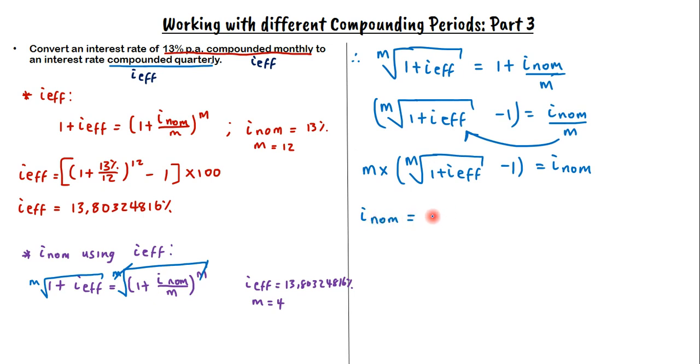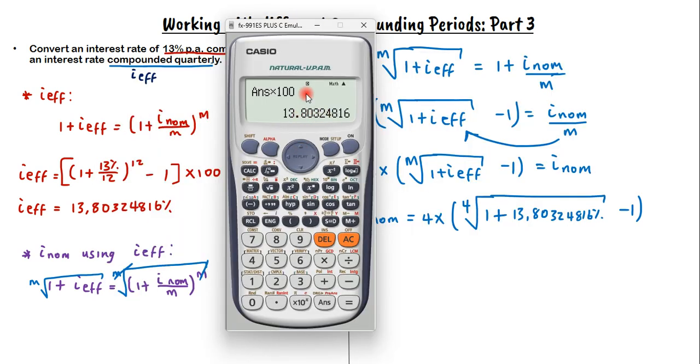So let's go ahead and substitute this. Our compound is 4, so it's going to be 4 times the 4th root of 1 plus that answer that we got in our calculator, 13.80324816%, and then I close that, minus 1. I don't have to write this again in the calculator because my calculator already has it captured.